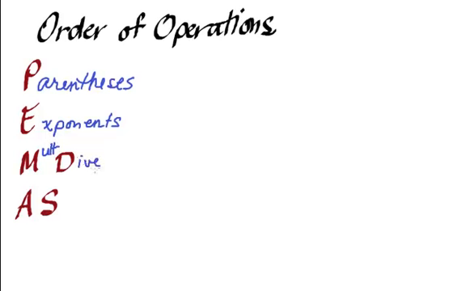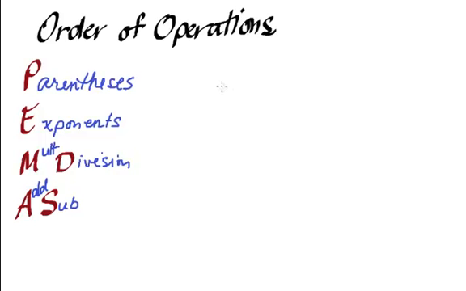We have division. And we have addition and subtraction. This is the order that we always go in. So whatever expression we have to solve, we always solve our parentheses first, then our exponents. We do multiplication and division together, and then we do addition and subtraction together.